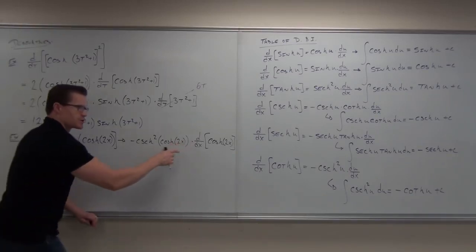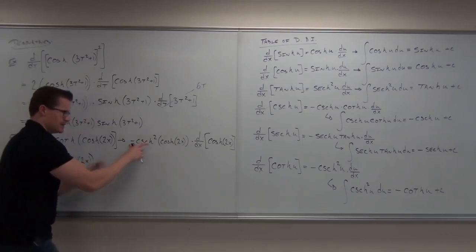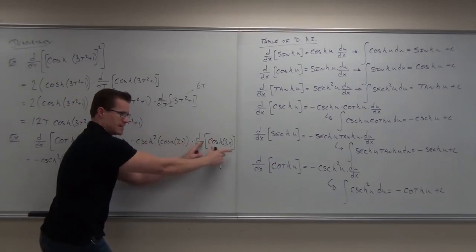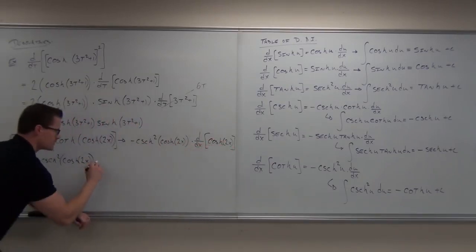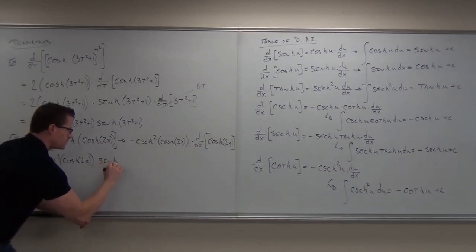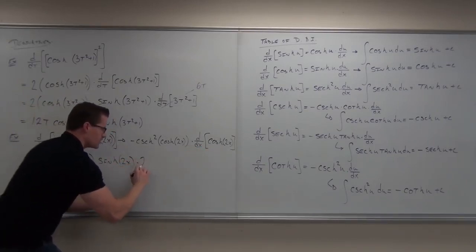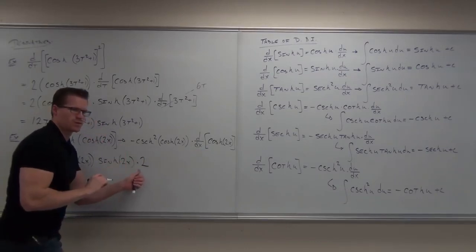Okay, derivative. So this is done. We did derivative outside, leave inside alone, times derivative inside. We're following the d/dx here. Now chain rule again. Derivative outside, leave the inside alone, times the derivative of the inside. That's where we're getting that 2 from.